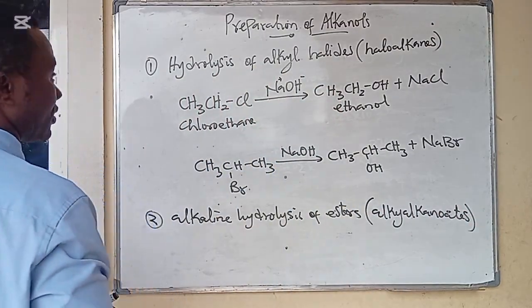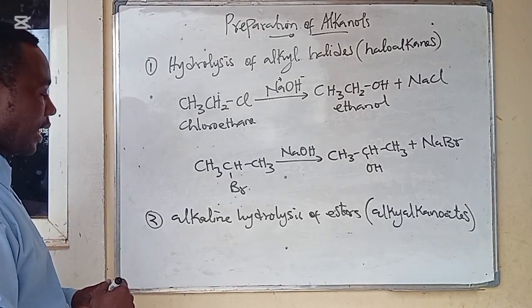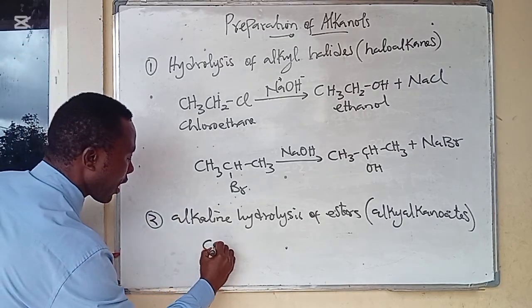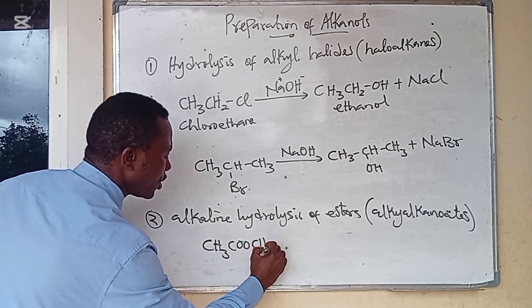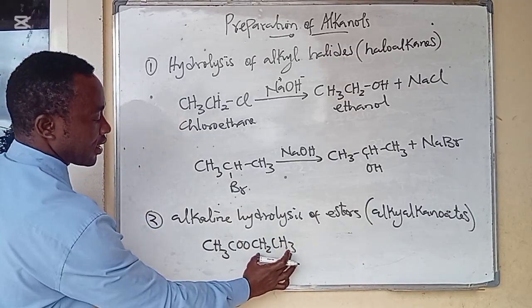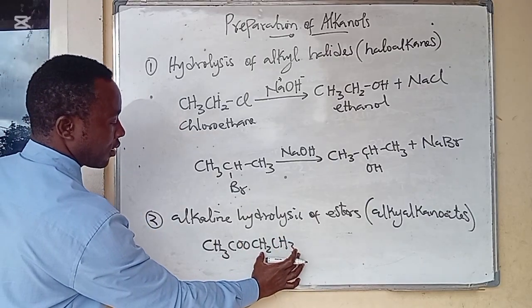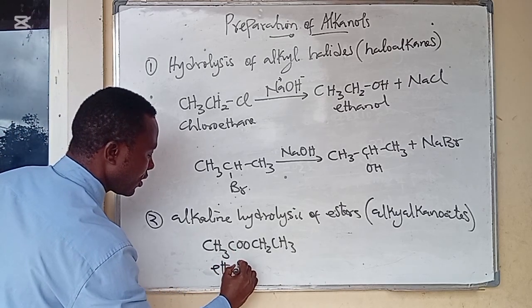So when we hydrolyze them, we'll get an alkanol. For example, when we have CH3, COO, CH2, CH3, the compound is ethyl ethanoate. I hope you can see the board.